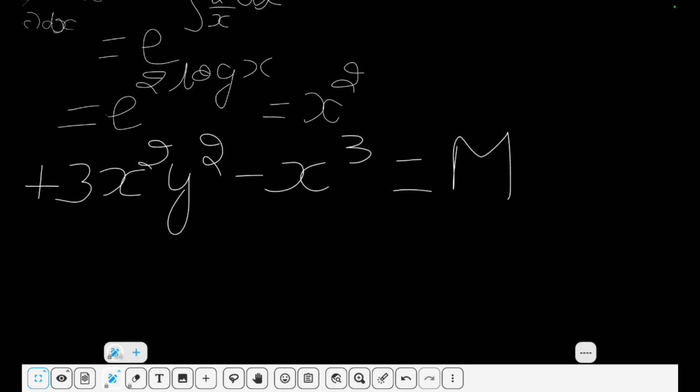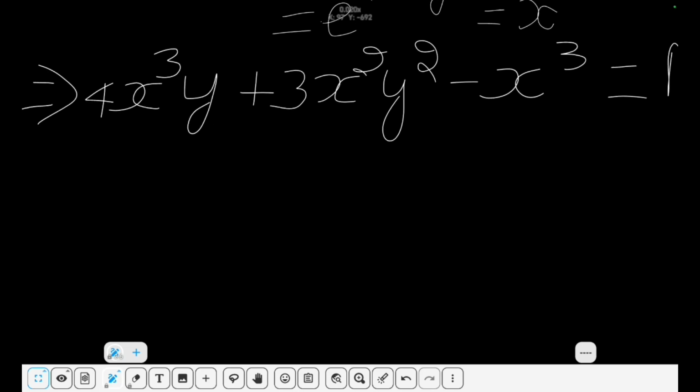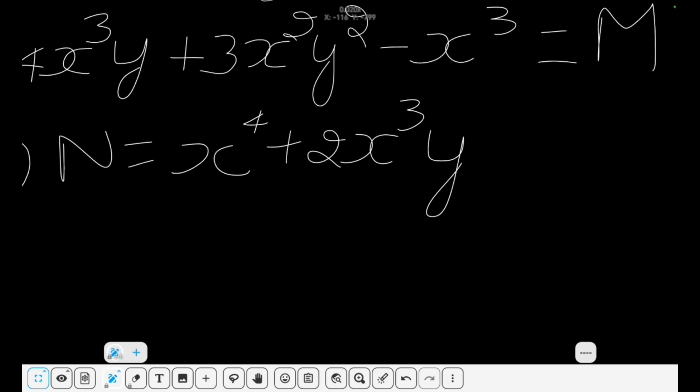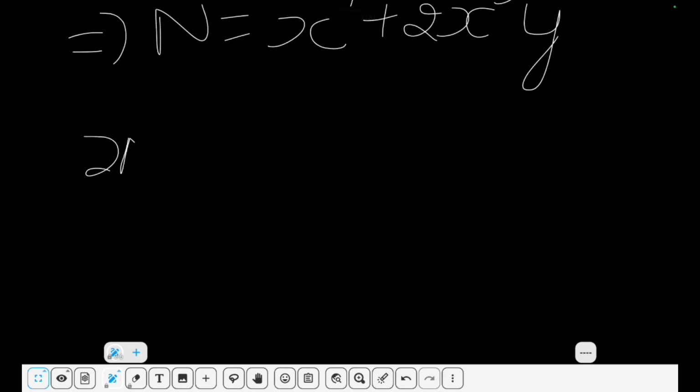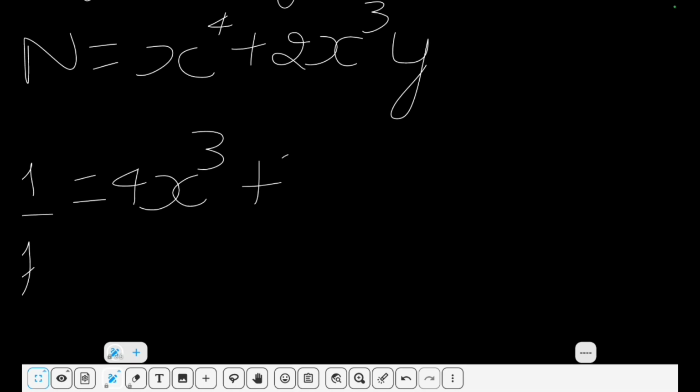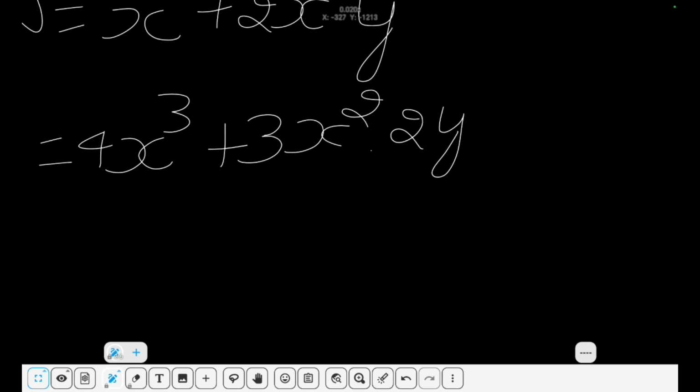This will be my M. My N would be x⁴ + 2x³y. Now again partially differentiating M with respect to y, I get 4x³ as constant times y, plus 3x² into 2y, x³ is constant, that would give 4x³ + 6x²y.